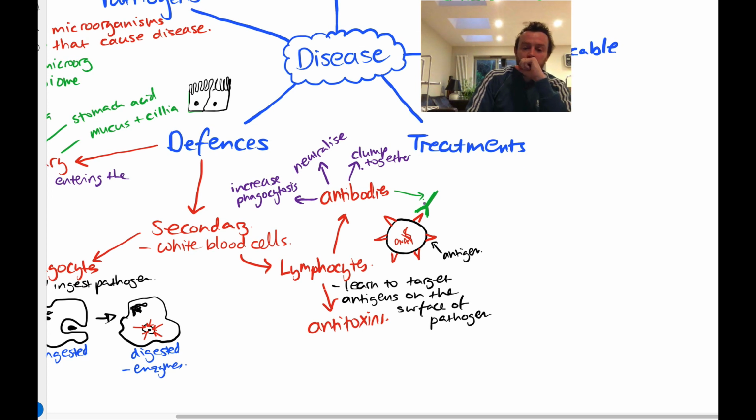Now, the reason I wanted to put this here close to treatments is because one treatment is vaccination.